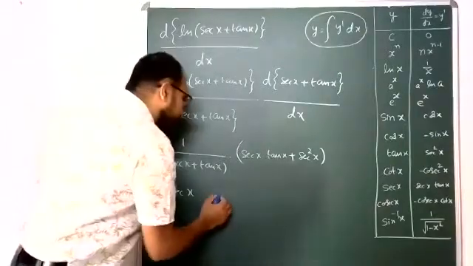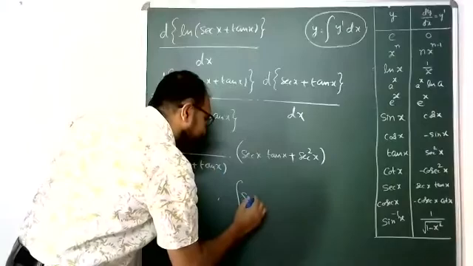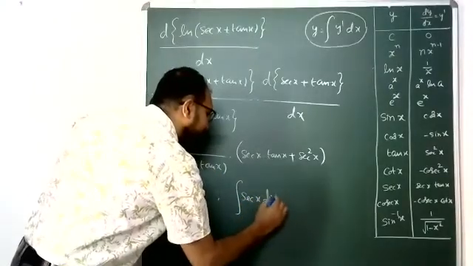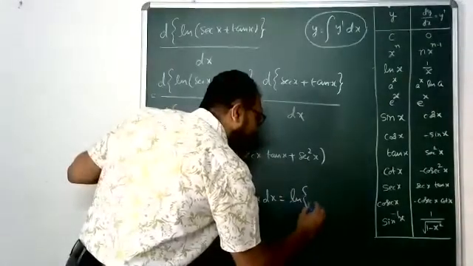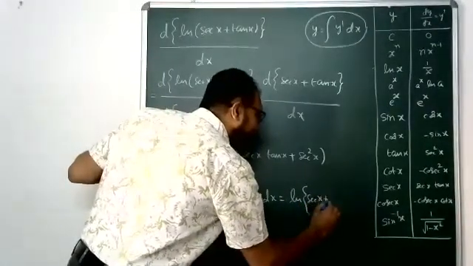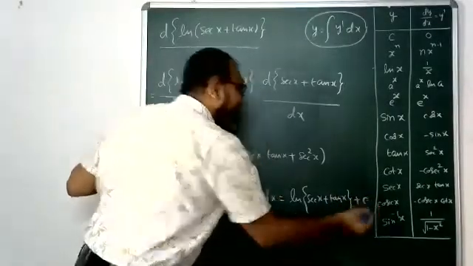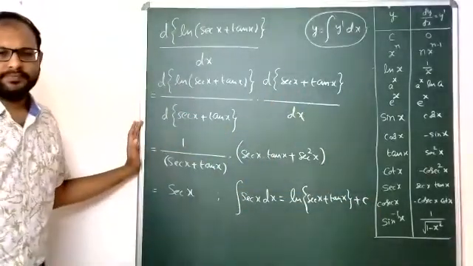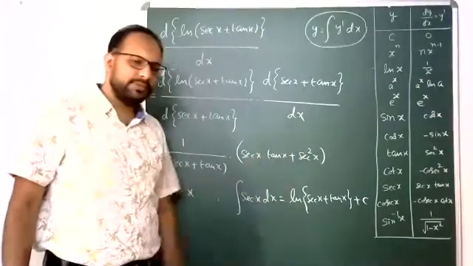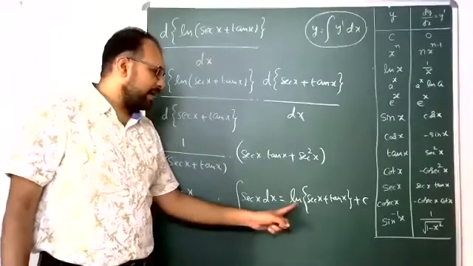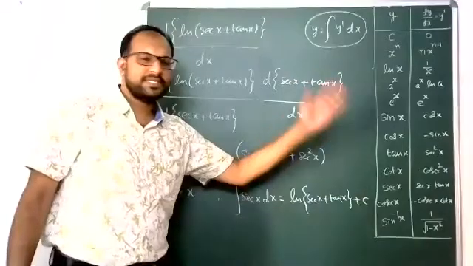So now secant x is the derivative of this function. We can write now in opposite: the integral of secant x dx is nothing but ln of secant x plus tan x plus a constant, that is mandatory. Students, the integral of secant x dx equals ln of secant x plus tan x plus some constant, any constant.